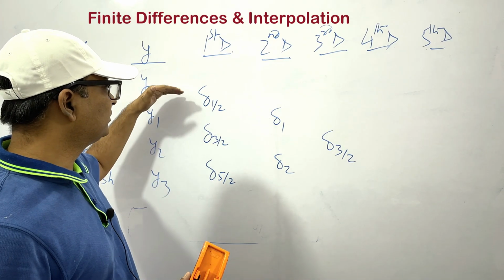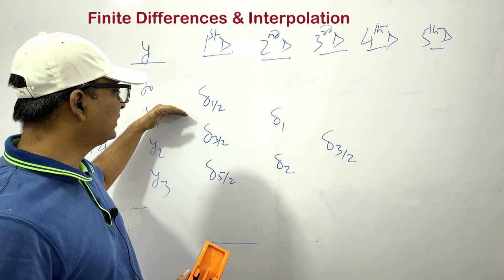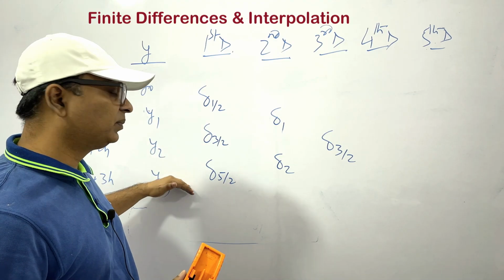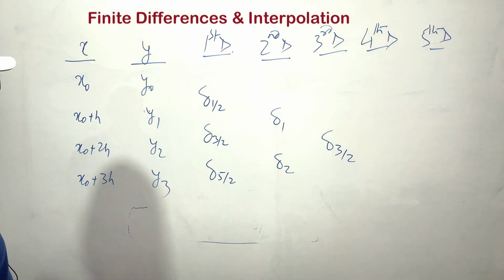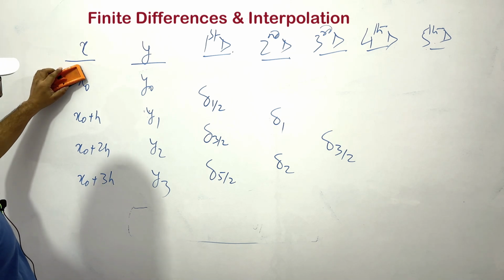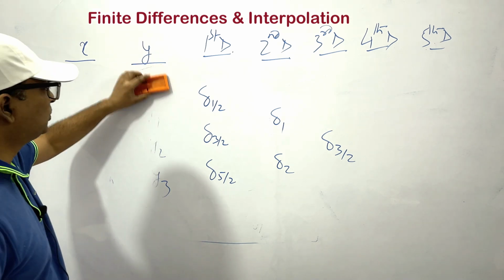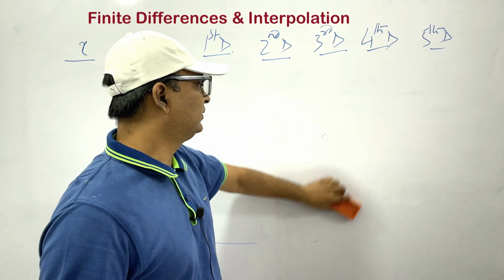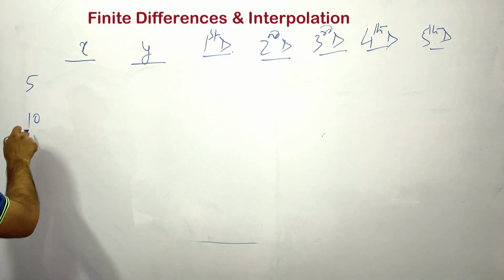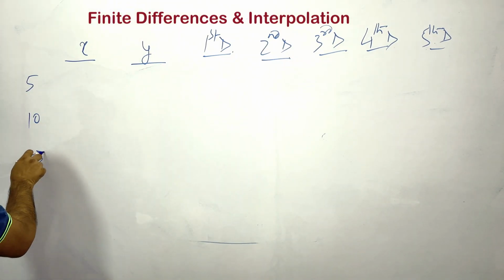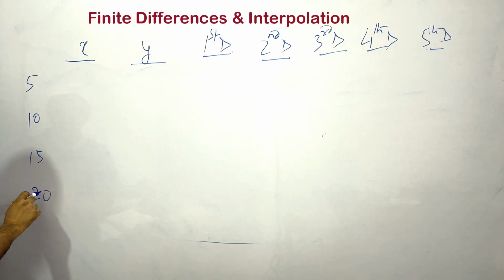And you should be able to create a table. If you have 5, 5 plus 5, 5 plus 2 cross 5, 5 plus 3 cross 5, you should be able to create the values. For example, what we took in the start only: 5, 10, 15, 20.